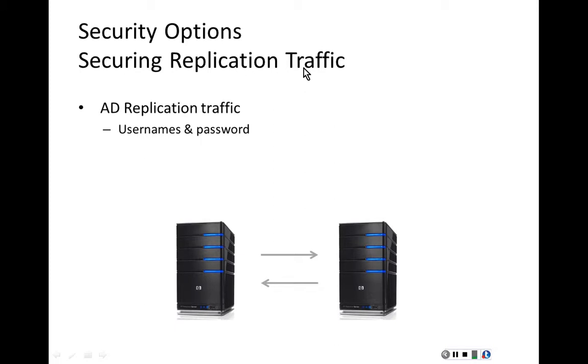Now let's look at security options. Securing replication traffic between domain controllers. Active Directory replication means that Active Directory is replicated. And what's replicated there is, among other things, usernames and passwords. That's highly confidential information which is replicated between those two domain controllers.